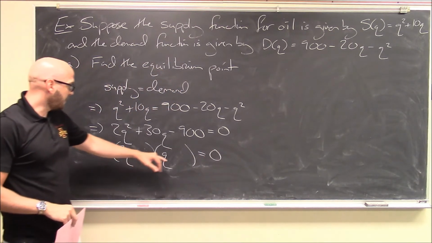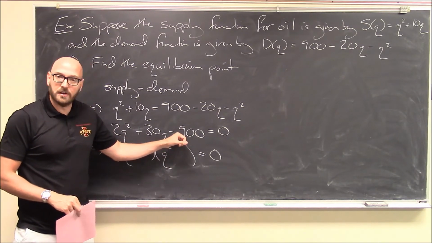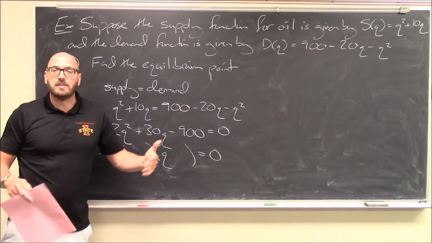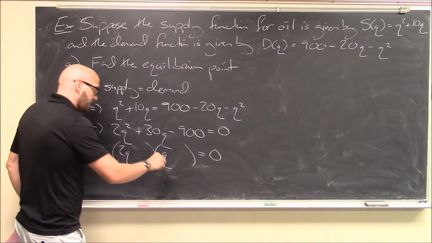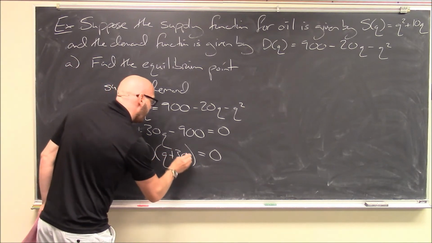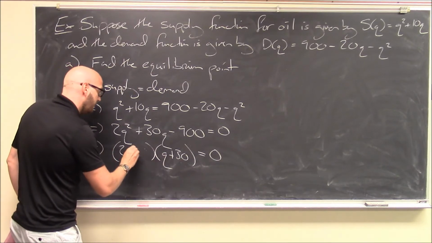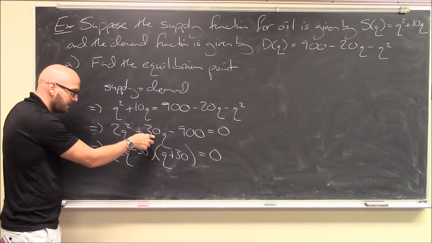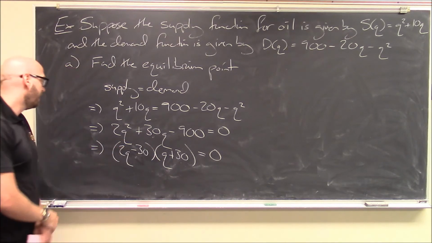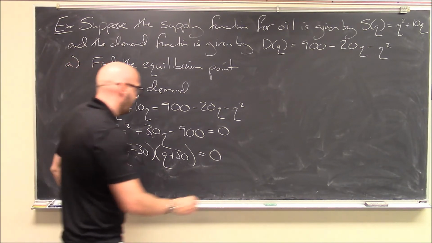And what I need here is two numbers that multiply together to give minus 900. I'm immediately thinking minus 30 and plus 30. And I can see how this is going to work. If I do plus 30 here, that'll give me 60Q. Minus 30 will give me minus 30Q. 60Q minus 30Q is 30Q, which gives me my middle number. So this factored nicely.